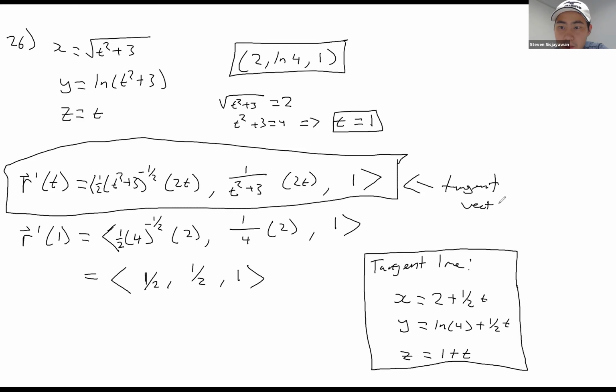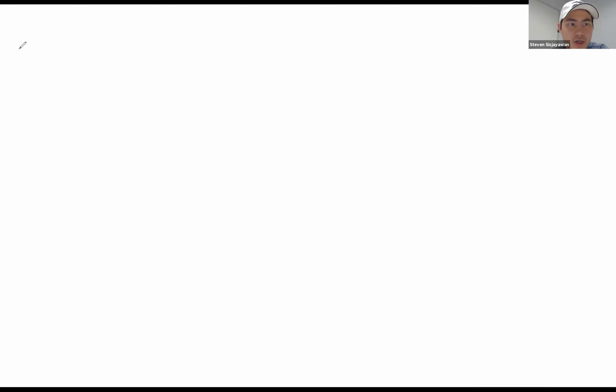Now, incorporating the idea of unit vectors back in the previous chapter, in 13.2, they introduce you to T of t, which is the unit tangent vector, which is essentially just r prime of t, all over the magnitude of r prime of t, right?